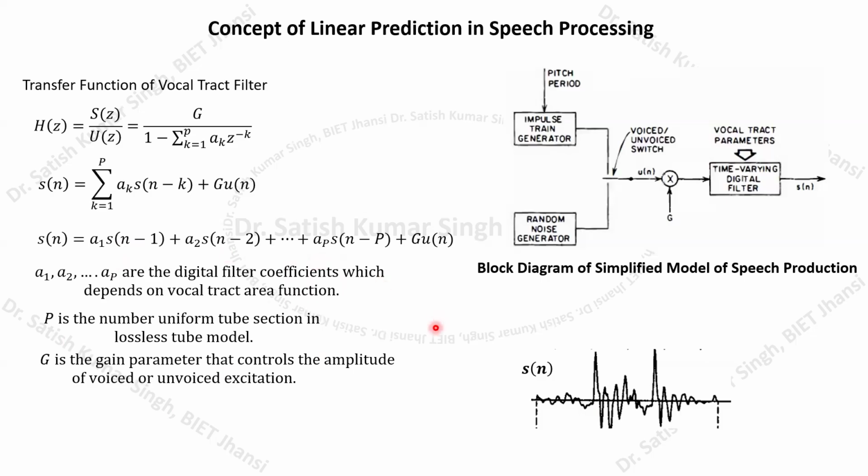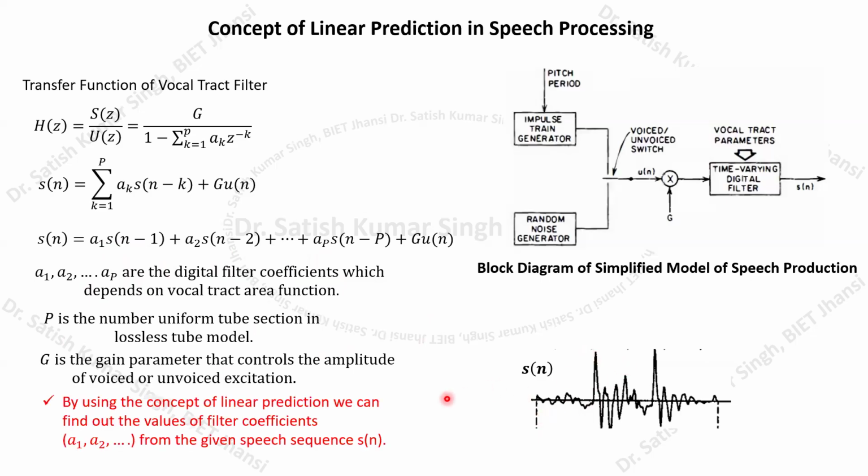So the problem of linear prediction is how to find these filter coefficients A1, A2, up to AP by just having the speech sequence Sn.